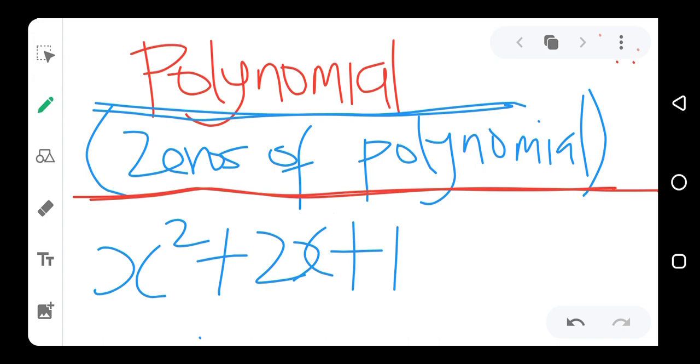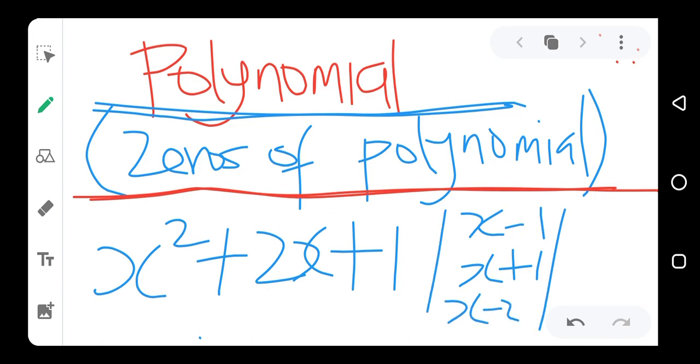which one is the root of this equation, if you are given x minus 1, x plus 1 and x minus 2, and we are asked to show which of these is the root of this quadratic function.